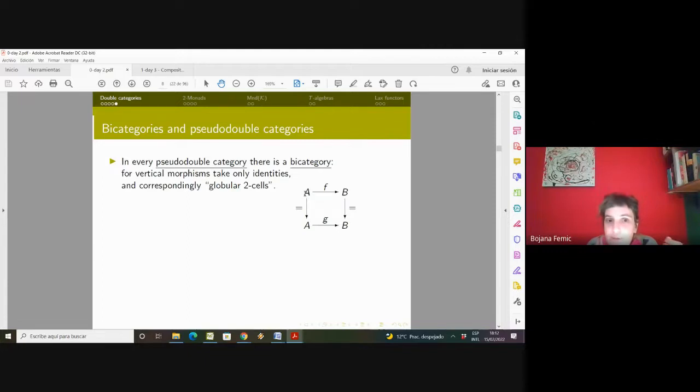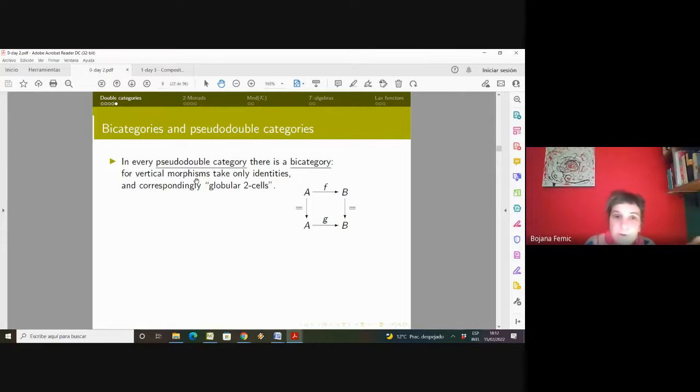So you take for the verticals the identities, and then the squares are of this form, where above is some F, below is some G, and these are called globular 2 cells. And there you get a bicategory. Well, the 0 cells are the vertices, 1 cells are these horizontal 1 cells, and since in the squares verticals are identities, you get just an ordinary 2 cell in your bicategory.